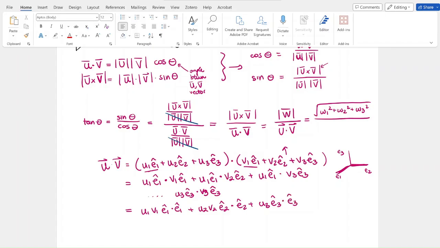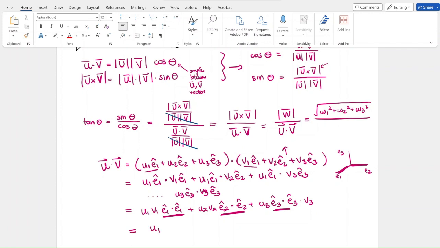I'm missing a v3, so I'll just add it here. When you take the dot product, the only terms that aren't 0 are the terms where the vector direction, like e1, is the same as the other one. So you have e1 e1, e2 e2, e3 e3. That makes our dot product a lot faster.